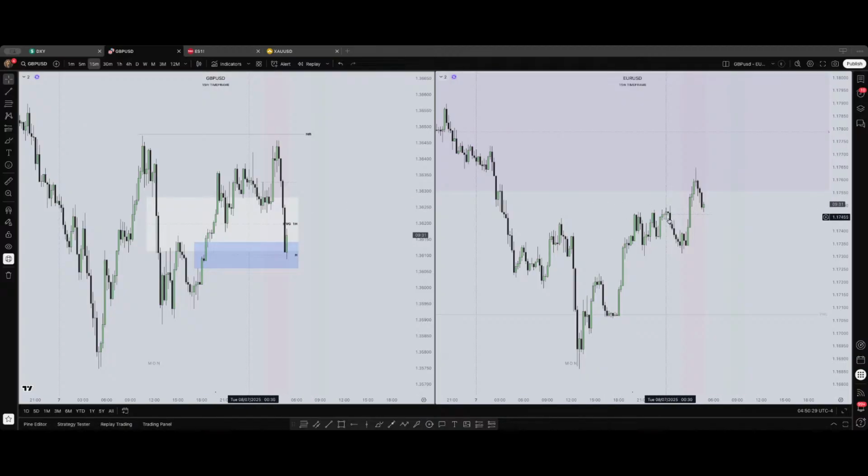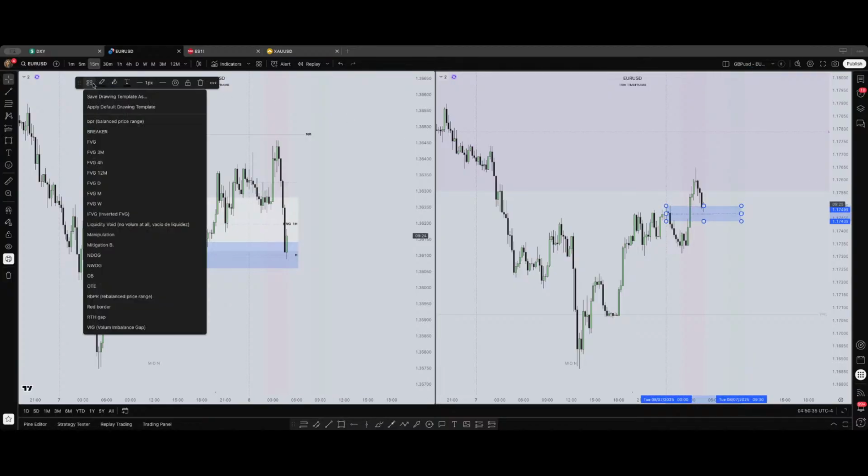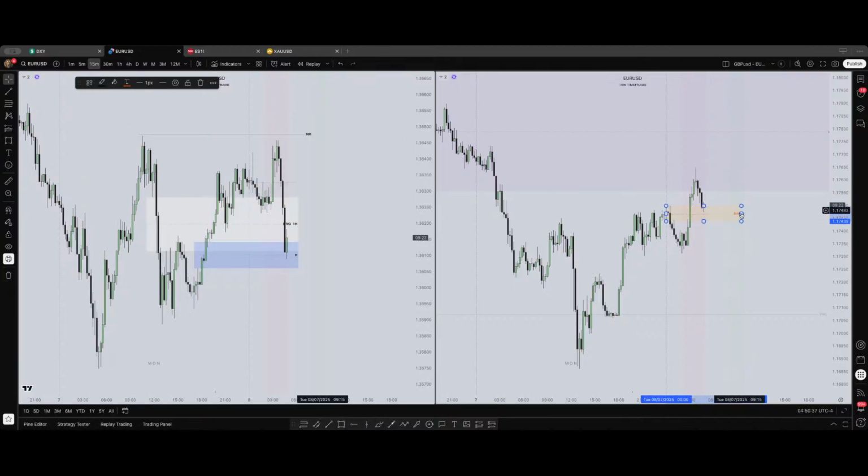We also have a kind of breaker here in the Euro USD. This upper bullish candle could be a breaker. High, low, higher high, lower low, market structure shift. Okay, so this is a bullish breaker.